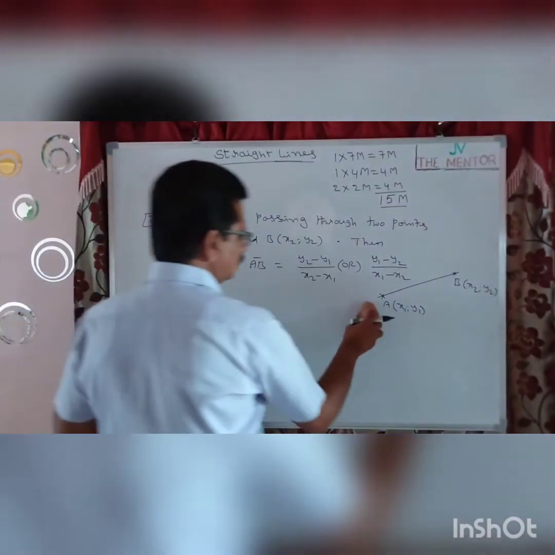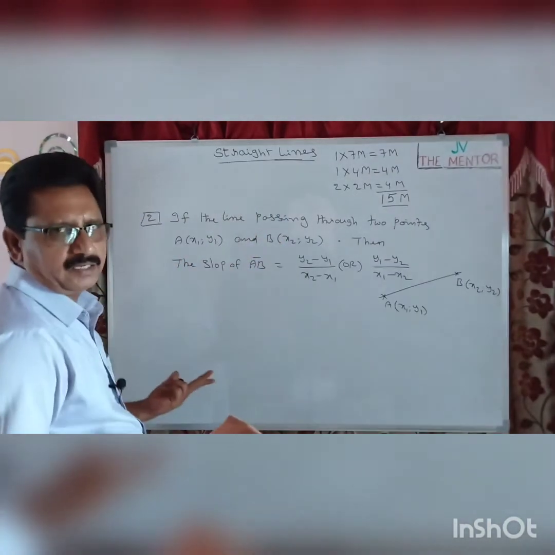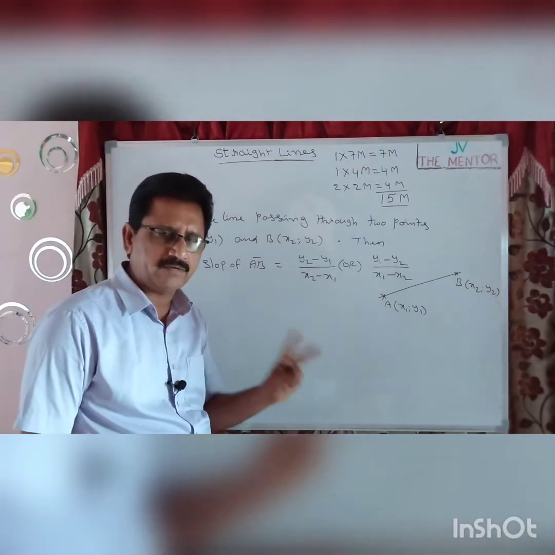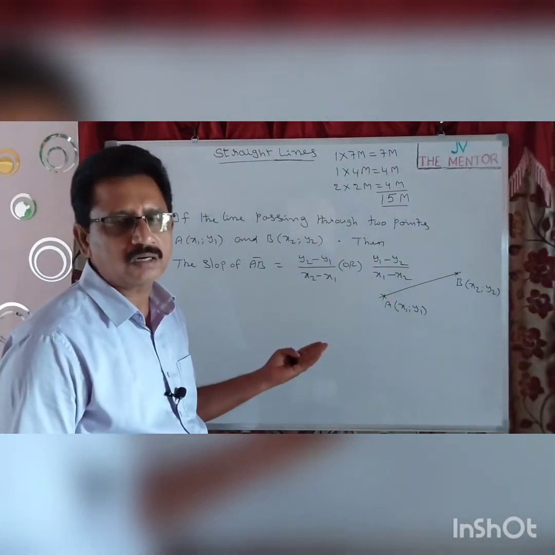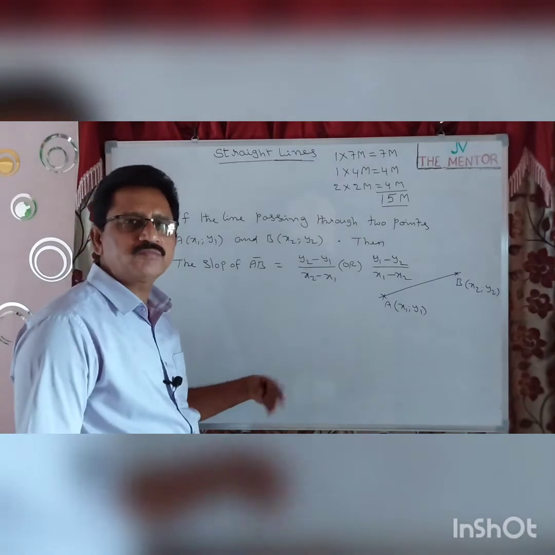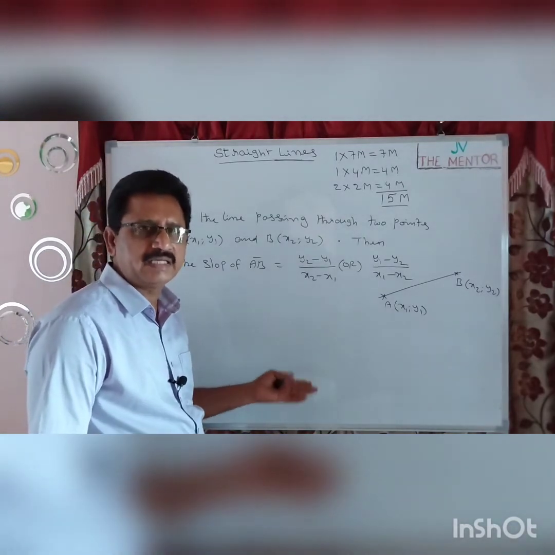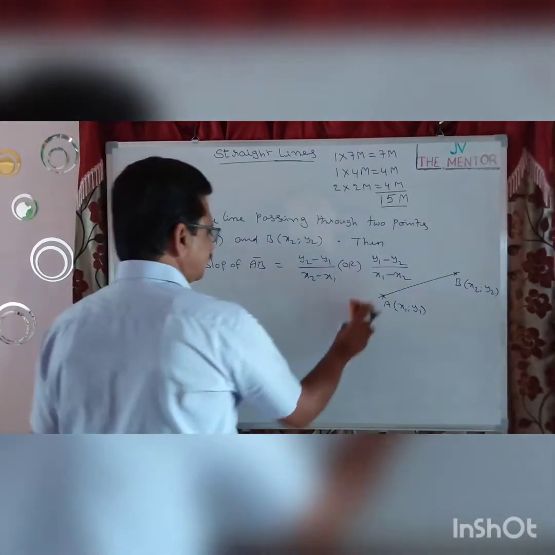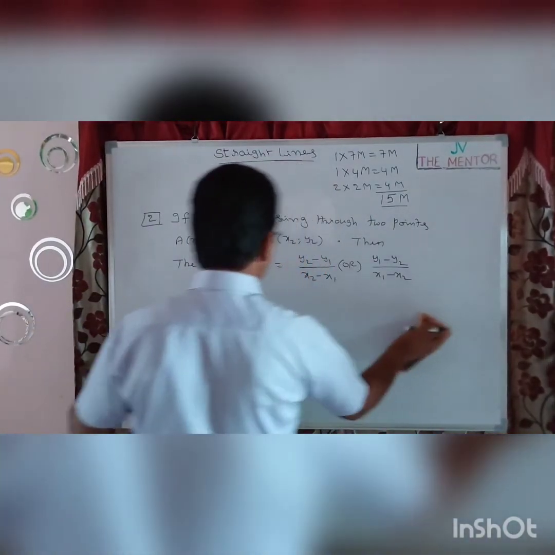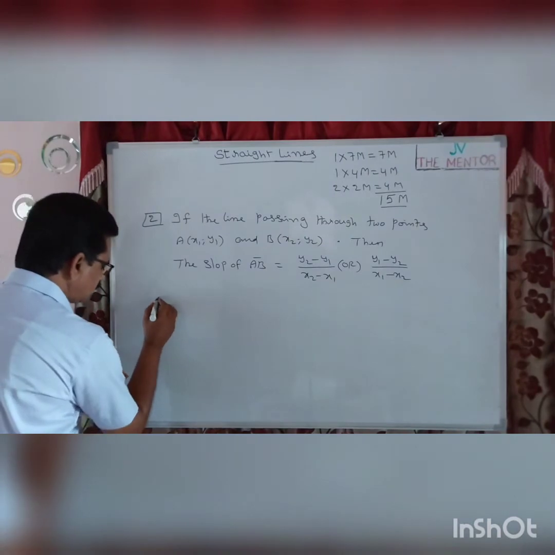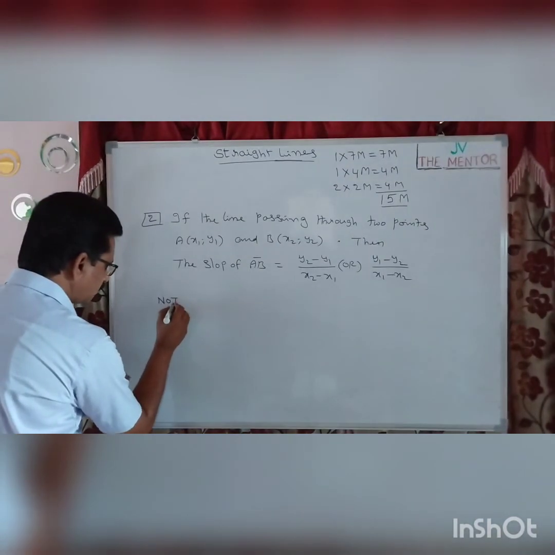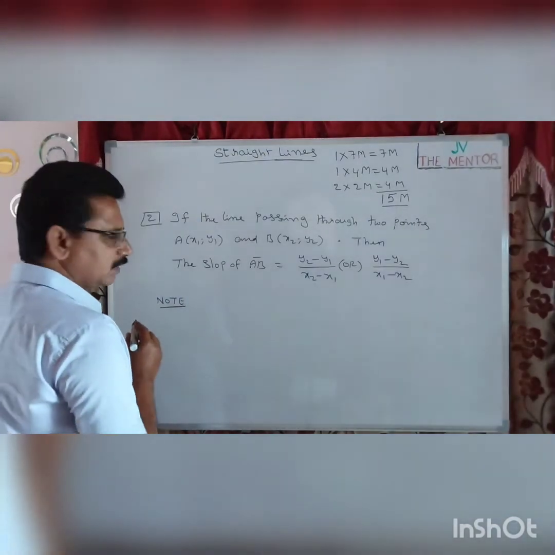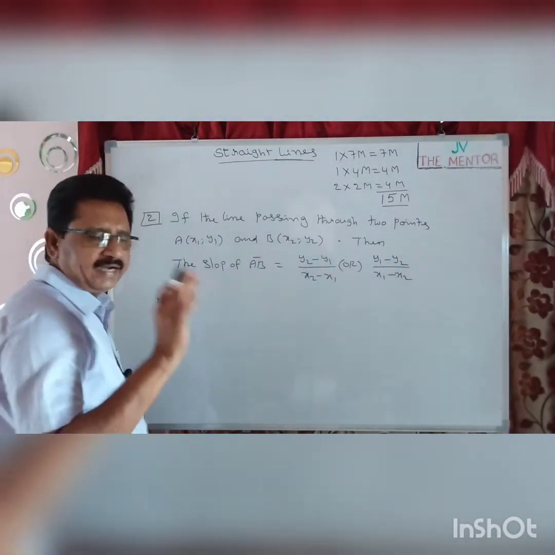Next, the parallel and perpendicular conditions of two lines. If the slopes of two lines are equal, then the lines are parallel. If the product of the slopes is equal to -1, then the two lines are perpendicular to each other. Note: listen.